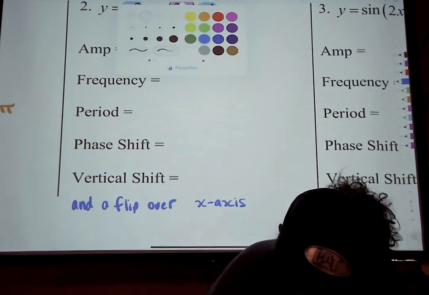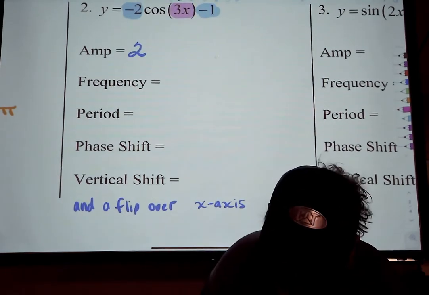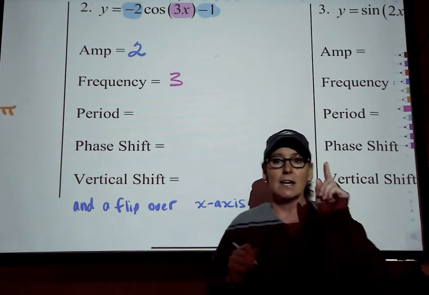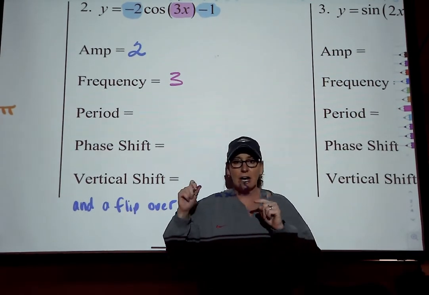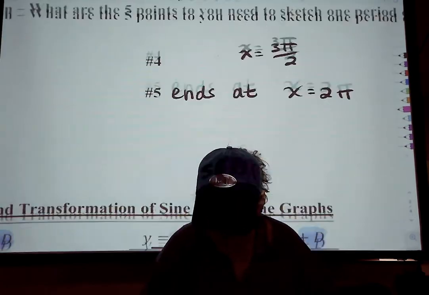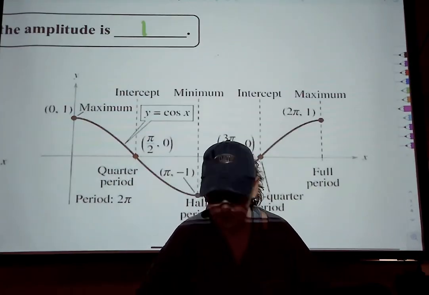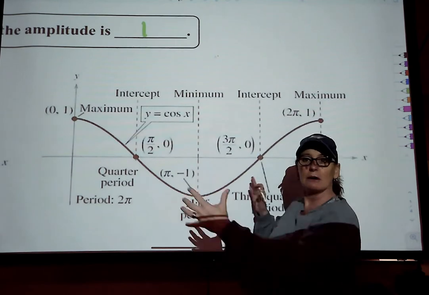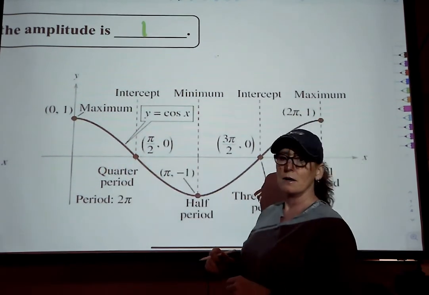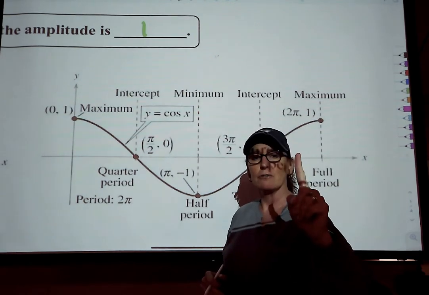Alrighty, frequency is the number that you see in front of x. This cosine graph has been squished. Remember what a normal cosine graph looks like? Remember how long it takes to fit in one cycle? It goes from 0 to 2 pi. It happens one time from 0 to 2 pi.